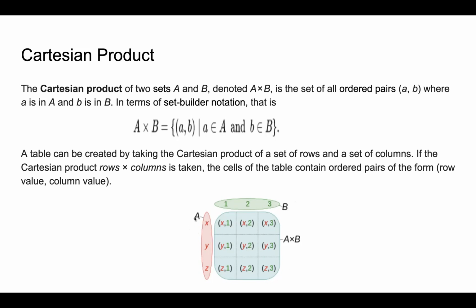See this diagram, it is easier to understand. A is equal to {X, Y, Z}, and B is the set containing 1, 2, and 3.